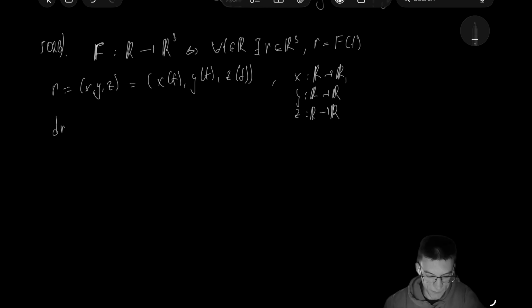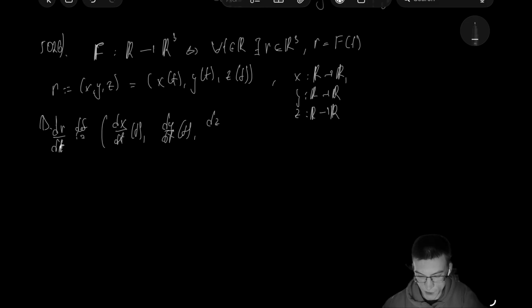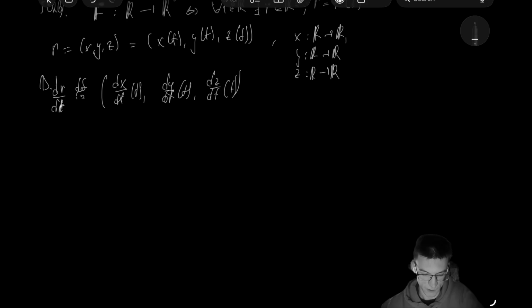We know that by definition, the derivative of this vector function is exactly the derivatives of each of these coordinate functions: dx with respect to t, dy with respect to t, and dz with respect to t as well. So this is the vector function.